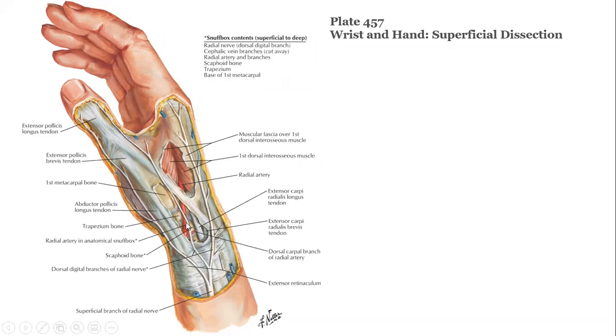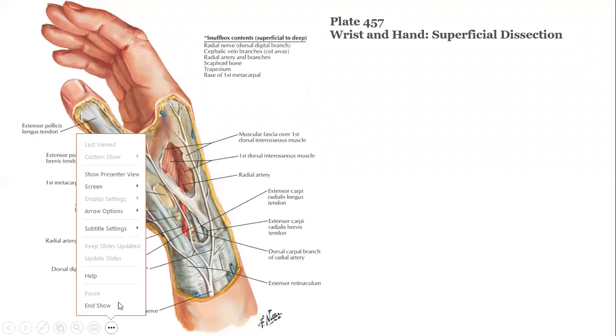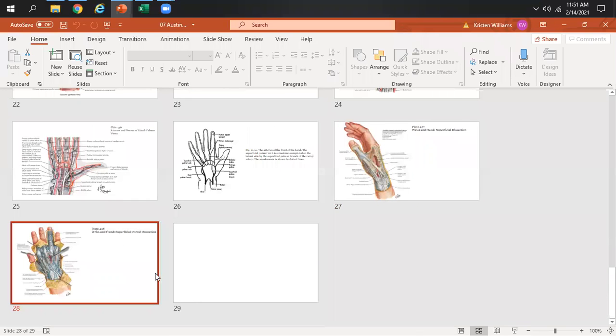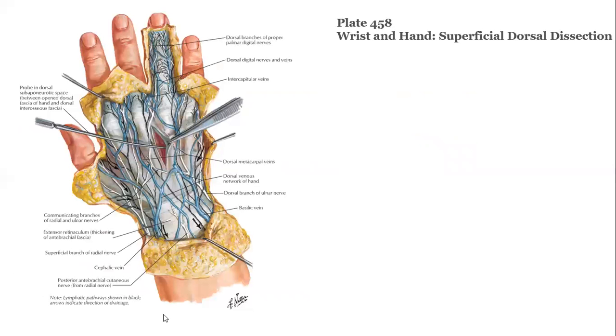There's radial artery, scaphoid bone, trapezium, and base of the first metacarpal. So you got to know these contents of your snuff box, superficial to deep, because you can be quizzed on them. Okay. I think those were all of the big things from her PowerPoint.